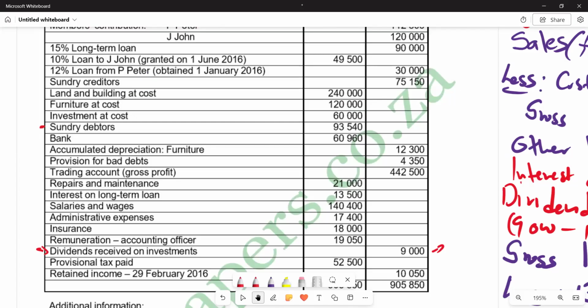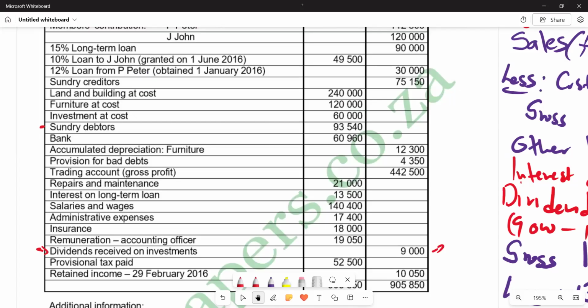We can always get the instruction for calculating depreciation in the additional information. If you come here, the second point: depreciation on furniture is 20% per annum on cost. So this is the straight line method, whereby we say 20% of the cost of furniture. You see the cost for furniture is given here, which is 120,000, and the percentage that we are given is 20%.